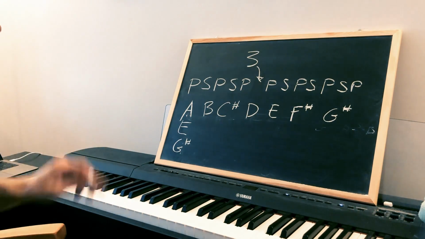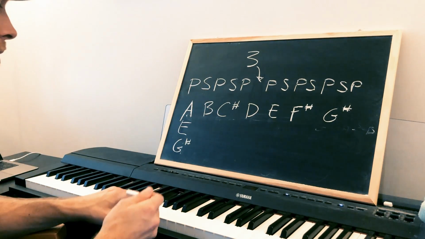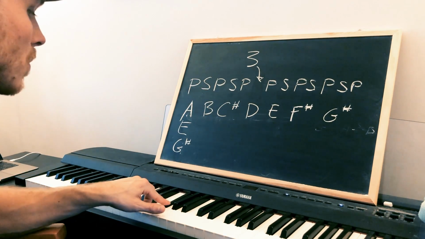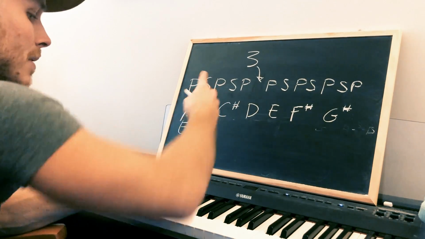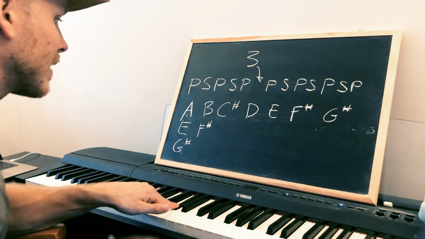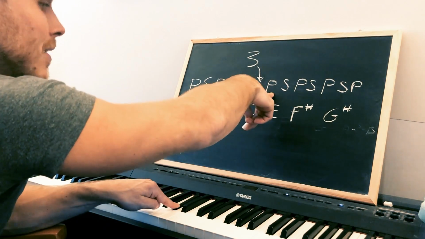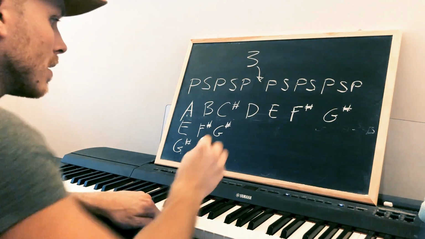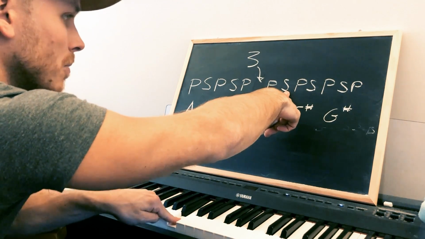Let's try E. Play an E. Skip a note. So I'm not playing this one, I'm playing this one. That's F sharp. Skip a note. Not playing this one, I'm playing this one. G sharp. Now I have to simply play the next one. That's A. Skip a note, so not this one but this one.